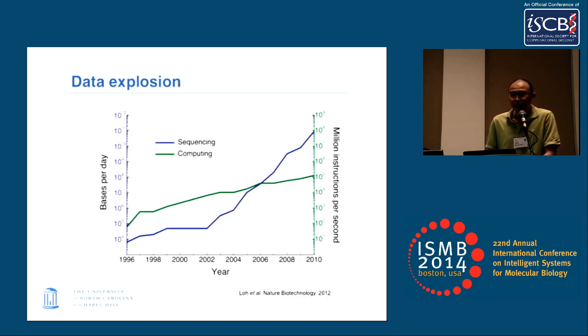So why do we want to build RNA-Skim? We focus on the speed. We think this figure gives us enough motivation. It shows the gap between the growth of the data size from sequencing and the improvement in computing infrastructure, which is increasing exponentially.